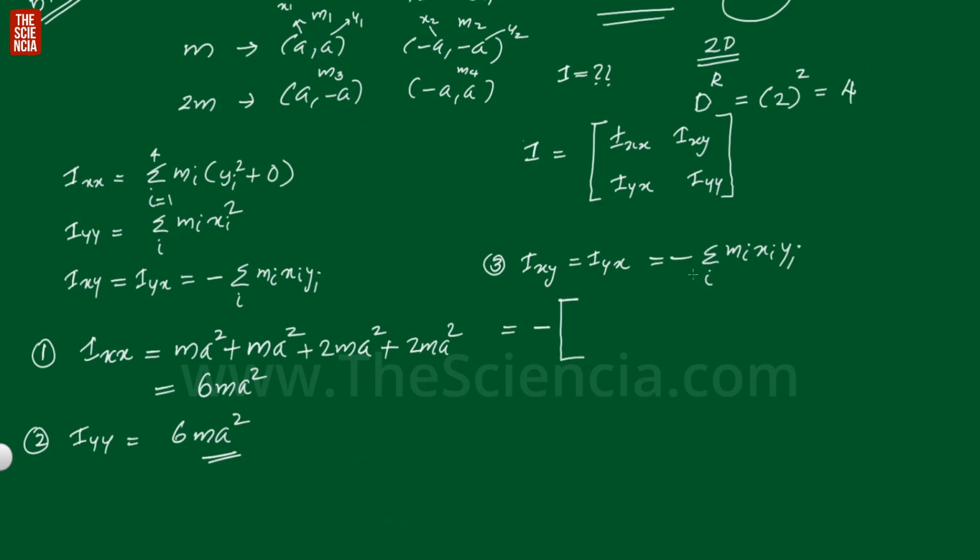For the first particle, m1, its mass is m, its x coordinate is a and y coordinate is a, so we get m a square. Plus the second particle, whose coordinates are minus a, and its mass is m, so it is plus m a square.